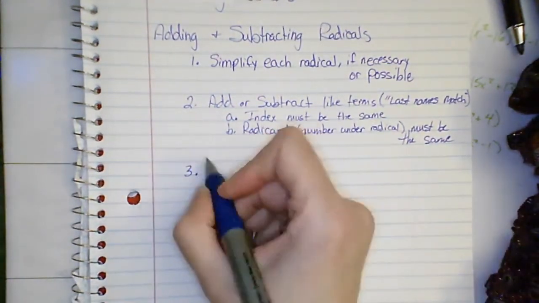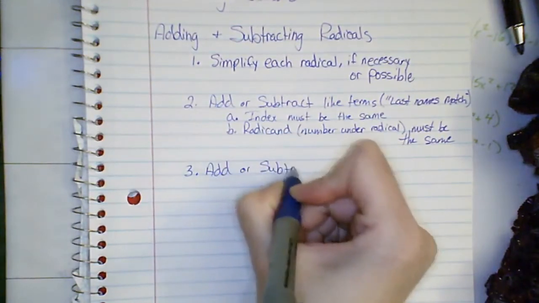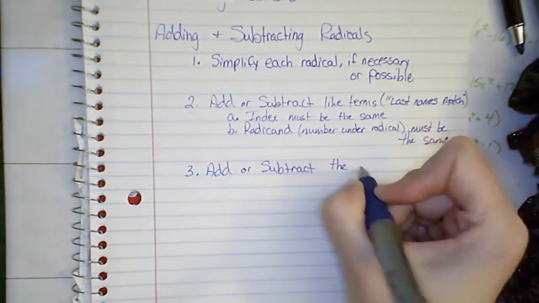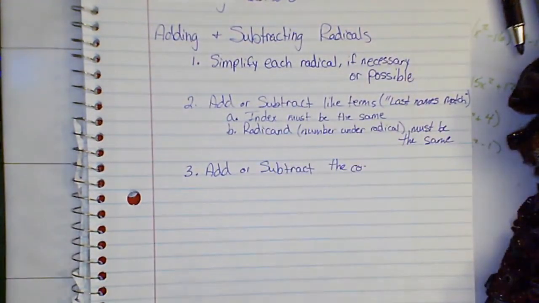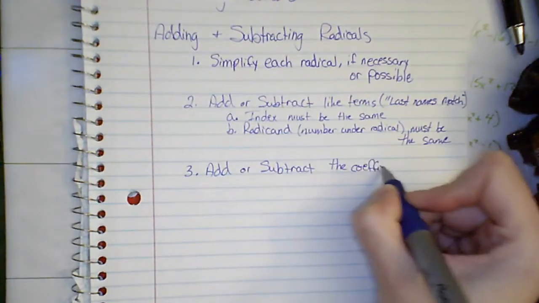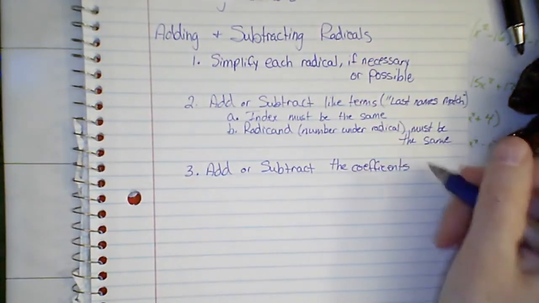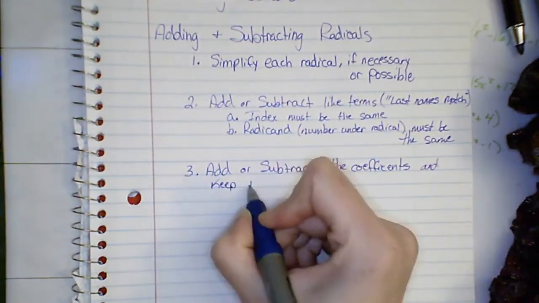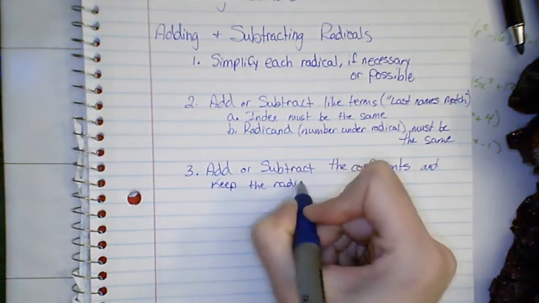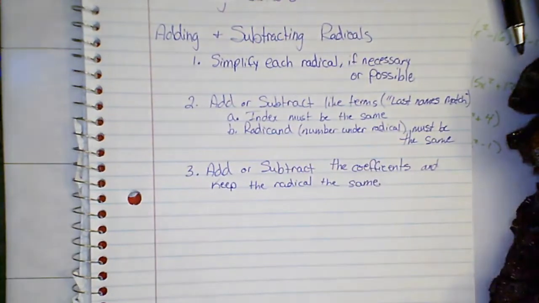And then third, you're going to add or subtract the coefficients, which would be the like terms, and keep the radical the same. So similar to the variables where we have the same last name.